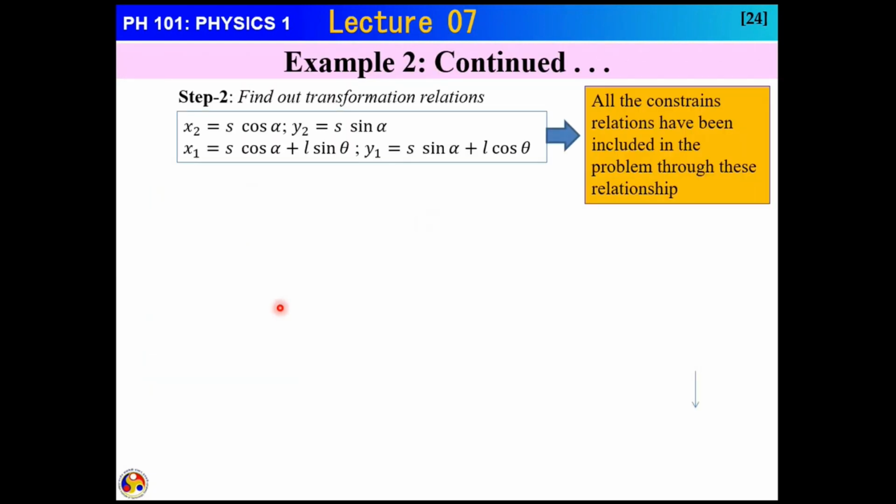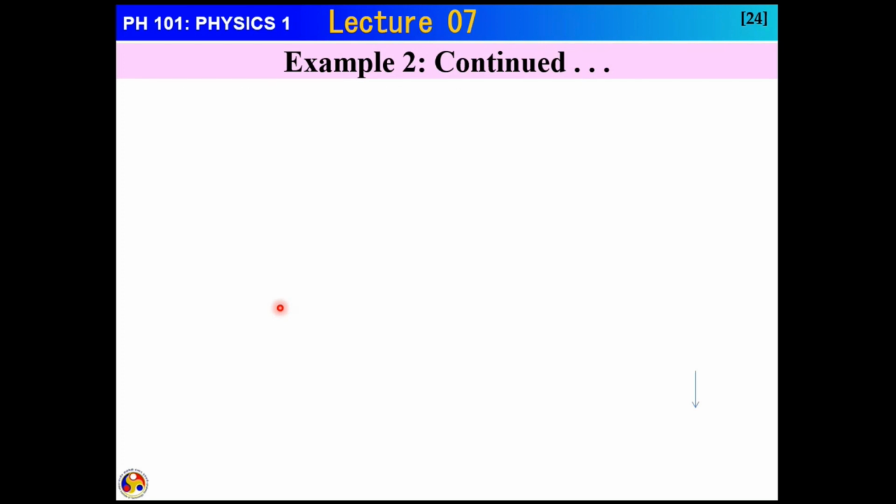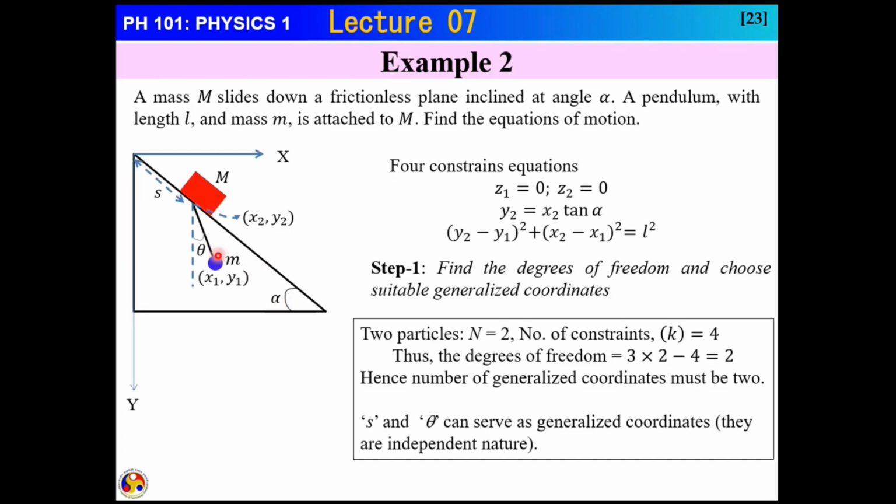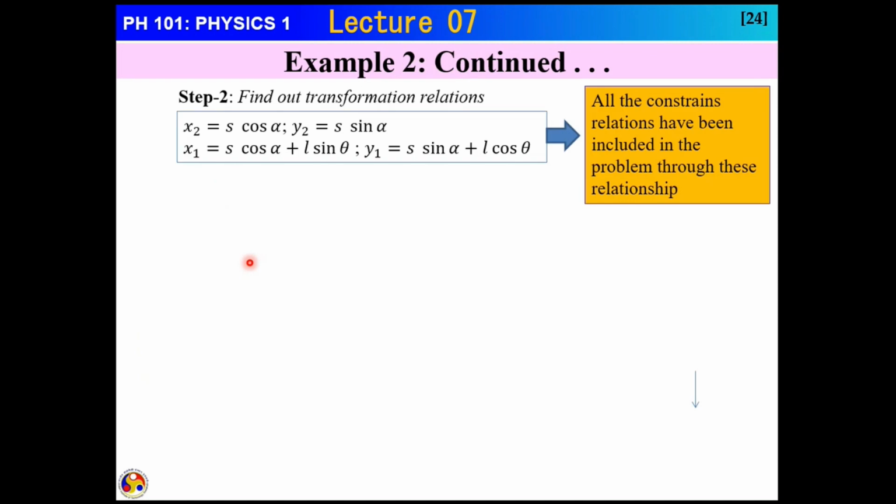But anyways, and then x1 is how much? The x distance of this, and then from here to here, you will find that x1 is equal to s cos alpha plus L sin theta, and y1 is equal to s sin alpha plus L cos theta.